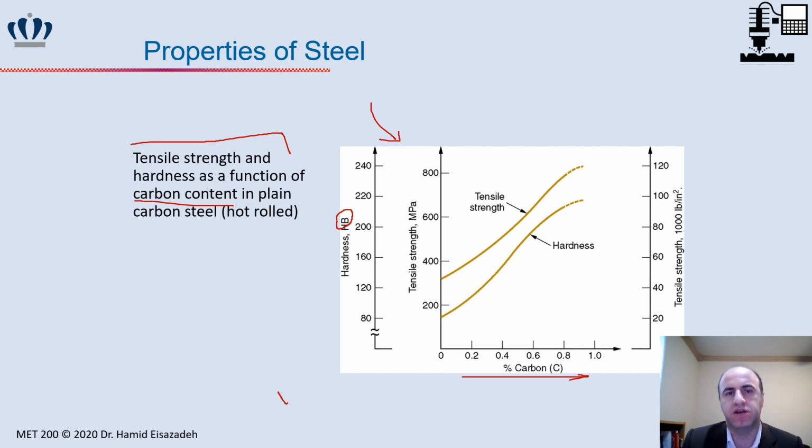We can have Vickers or other types, and this is the tensile strength. As you see in this plot, the y-axis is here, and this one is the tensile strength. As the amount of carbon increases, the hardness goes up and tensile strength goes up, in the same order.